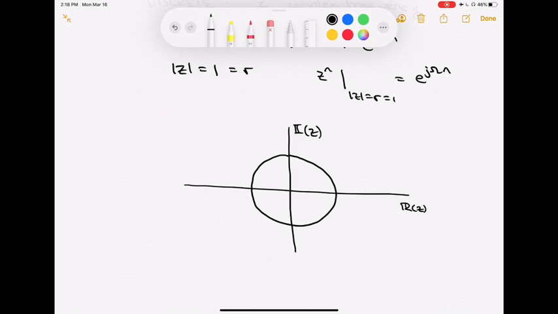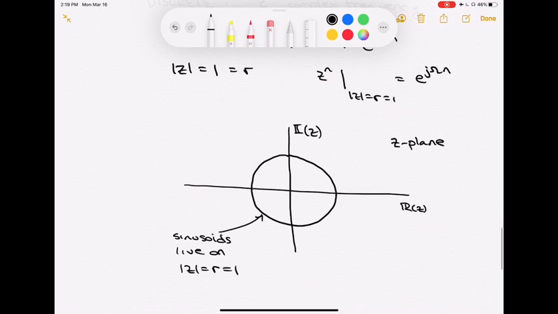So sinusoids in the z-plane lie on that unit circle. That's where sinusoids live, on norm z equaling r equaling 1, when we've got that non-damping, non-growing kind of case.